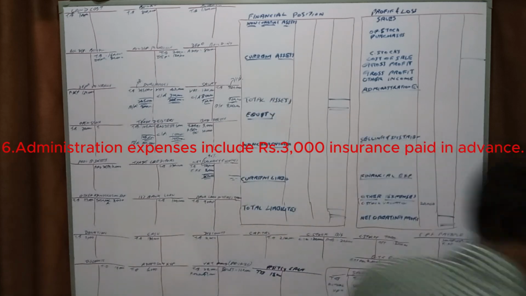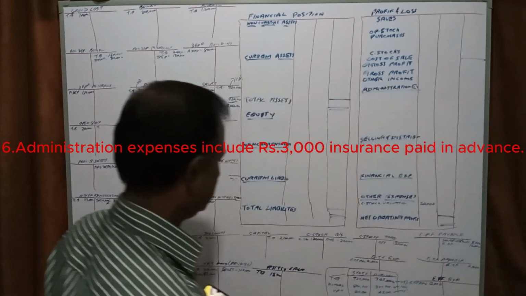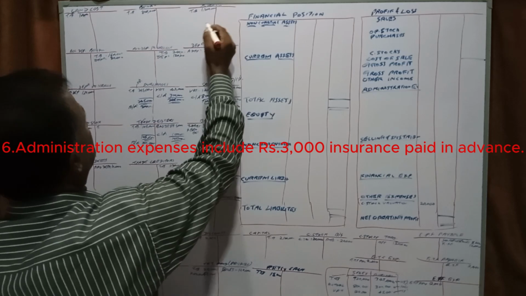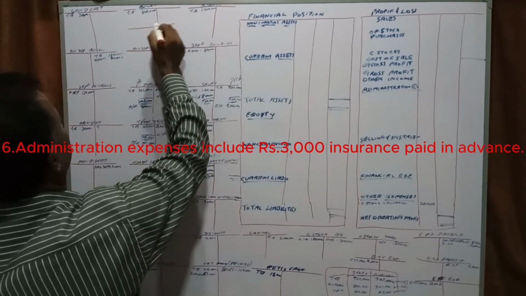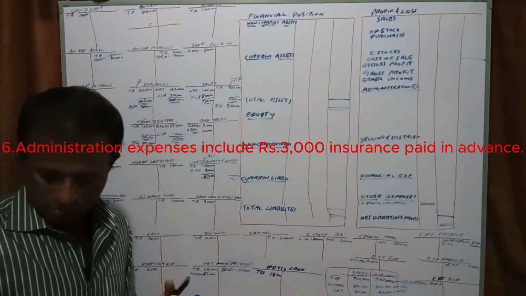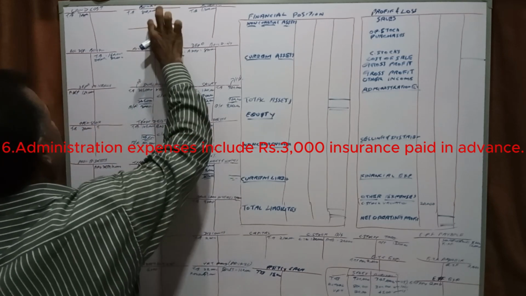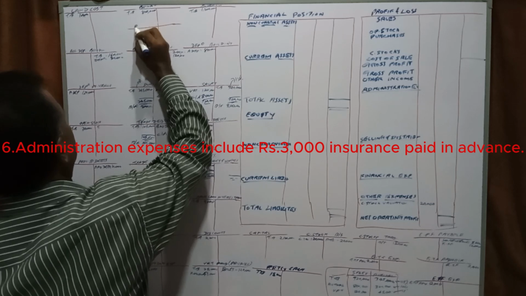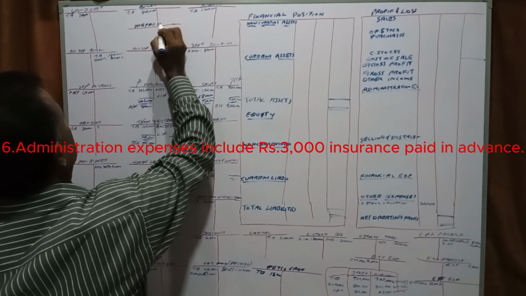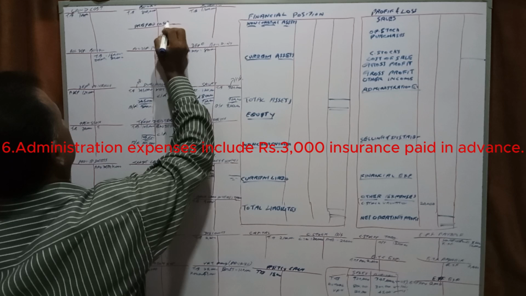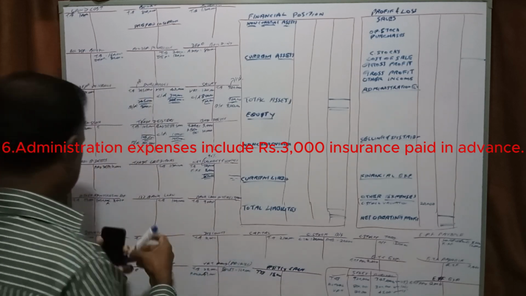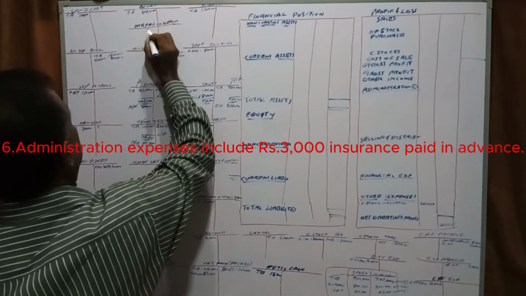We have to open a prepaid insurance account, and prepaid insurance is debited 3,000.